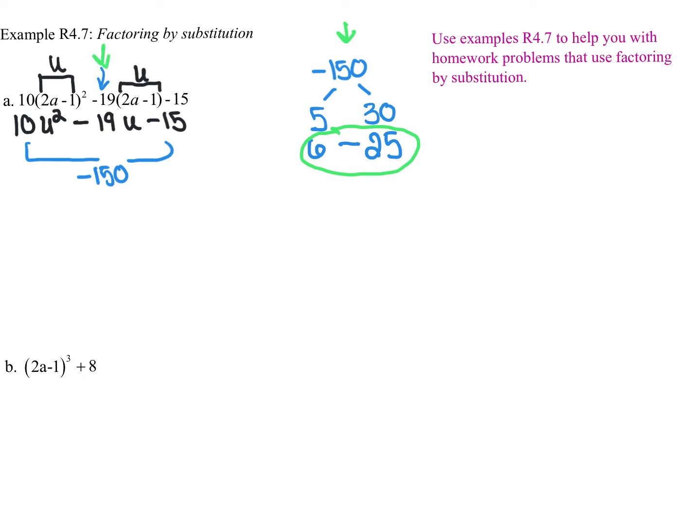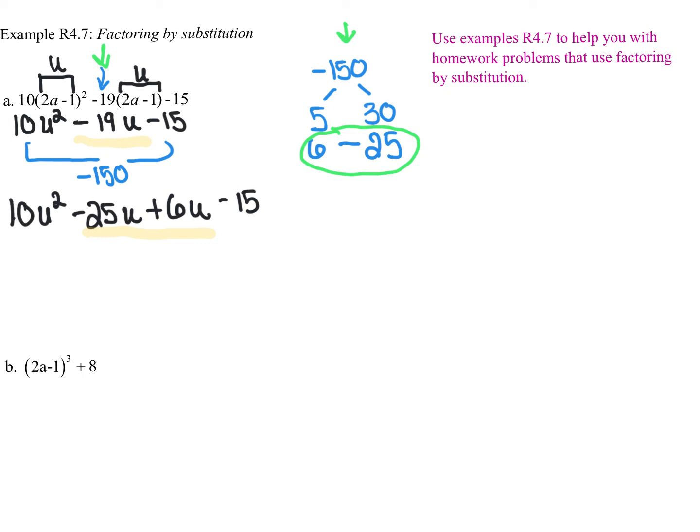So I'm going to go back over here and write out 10u squared minus 25u plus 6u minus 15. I haven't changed the 19. If I add these two back together, I will get back to my negative 19u.